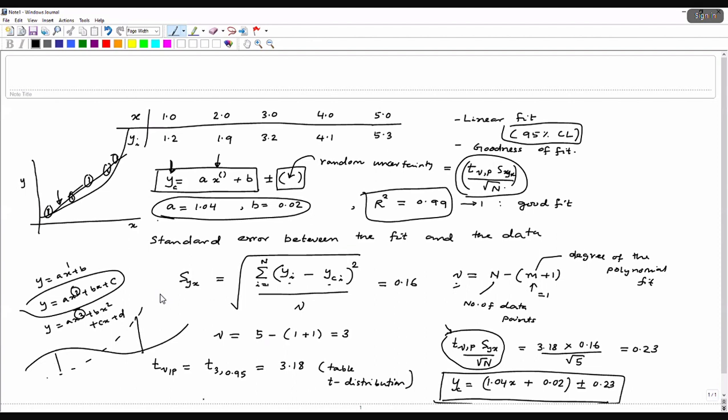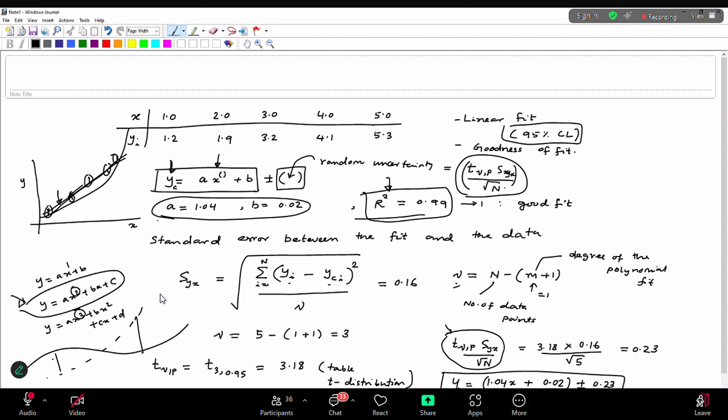Since R square for a linear fit is 0.99, that means the data is really linear. But if you use a quadratic, you can do that for yourself. You will see that the fit will not be a good fit, and hence the standard deviation of error will be very large.